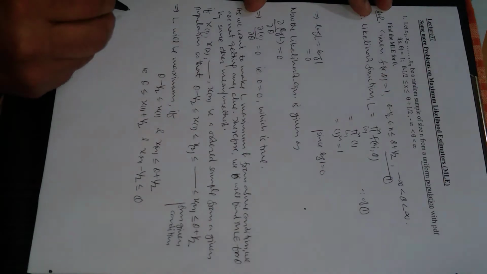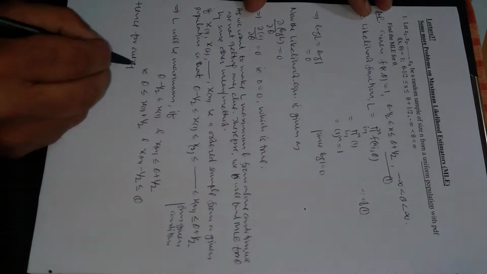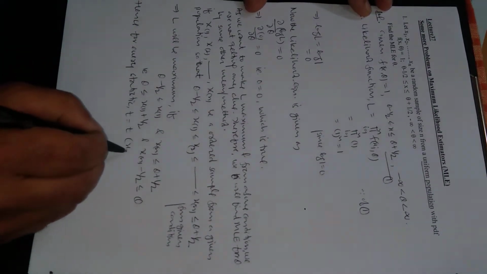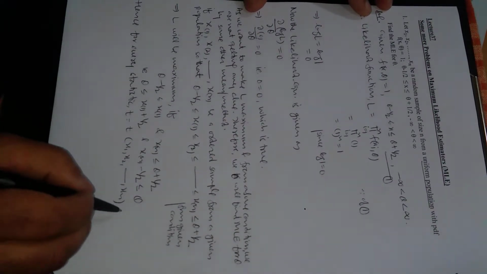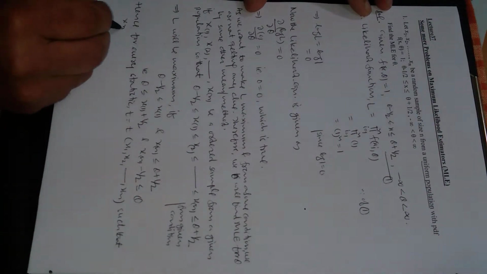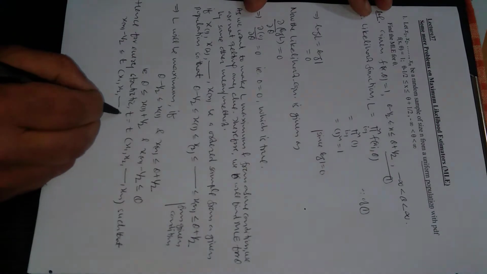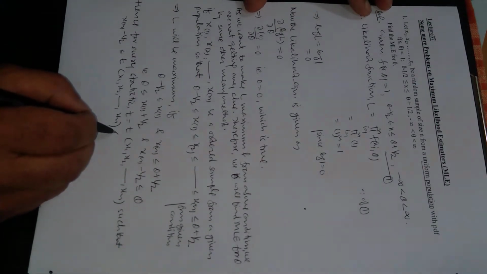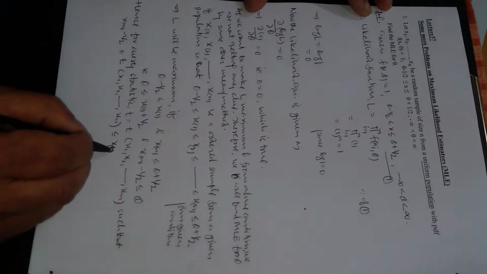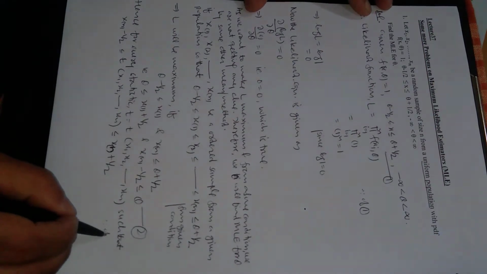Hence, for every statistic t, which is a function of the random sample of size n, such that xn minus half is less than t of x1, x2, and so on, less than x1 plus half, this is because of equation 2.